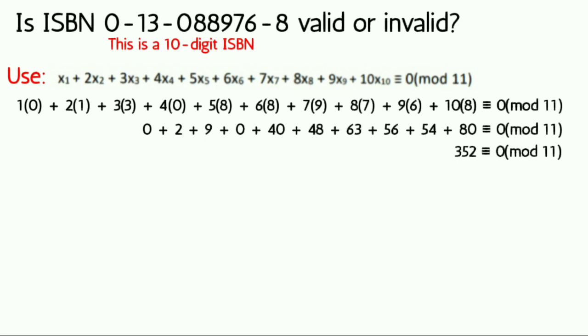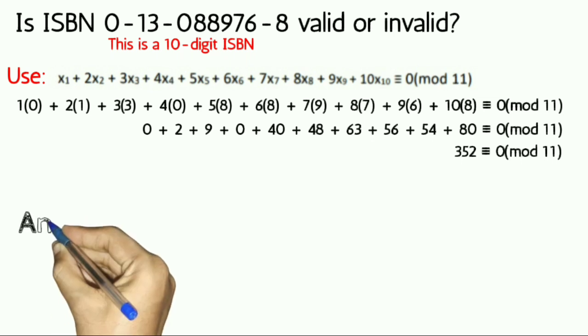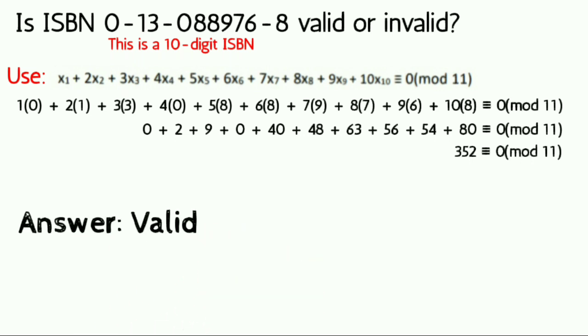So that means ISBN 013-0889-768 is valid. It is valid because the calculation results in a true statement. 352 is congruent to 0 mod 11.